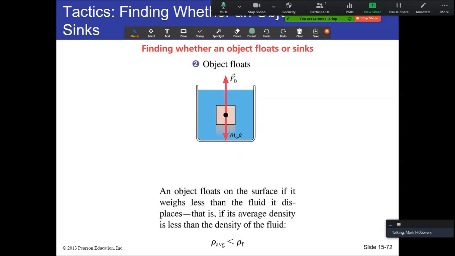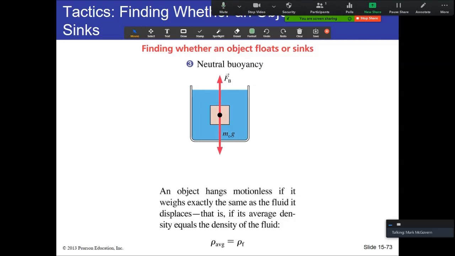It will float if the density of the object is less than that of water, because you're displacing fluid, but you're putting an object there that weighs less than the fluid that would be there, and therefore the buoyant force is going to be greater than gravity, and the object is going to rise and float on the top. We'll deal with what exactly happens when we float on the top in a moment.